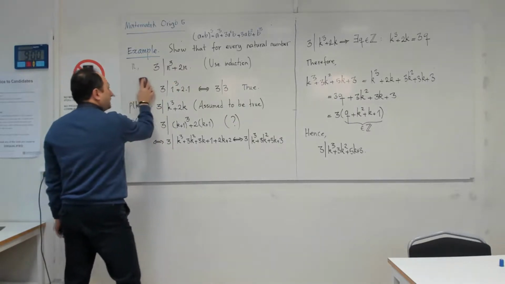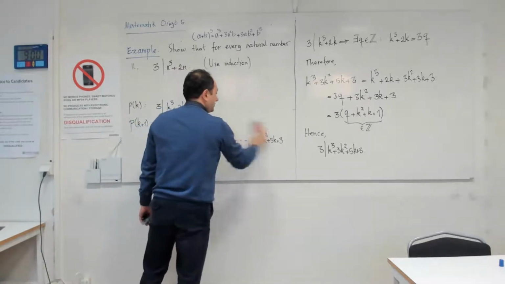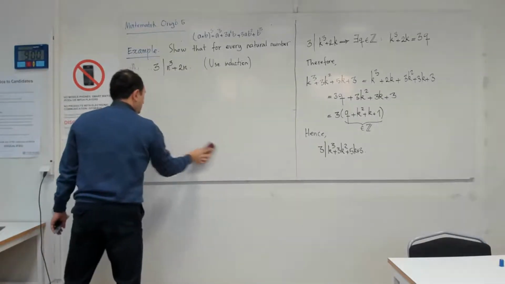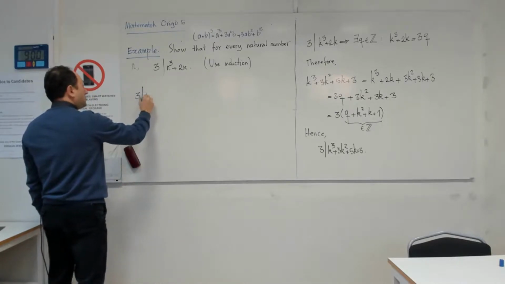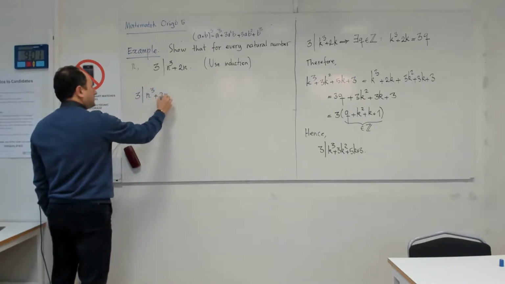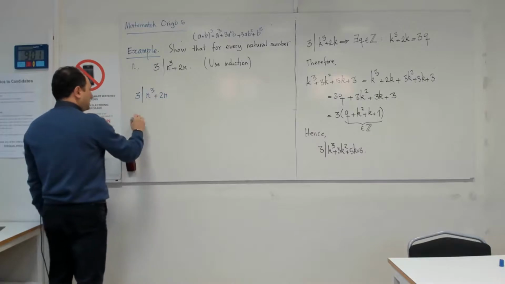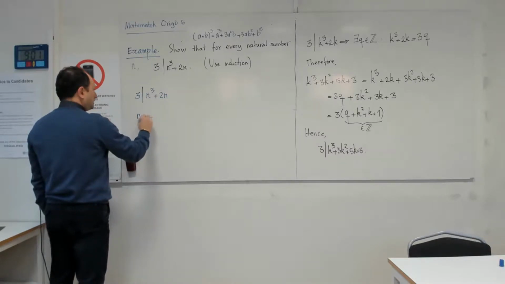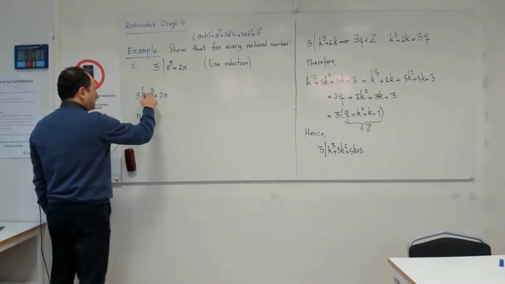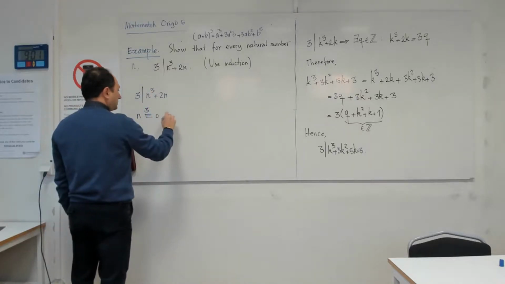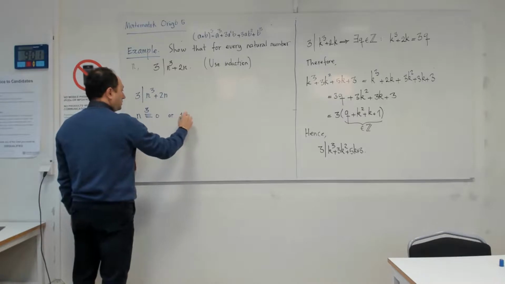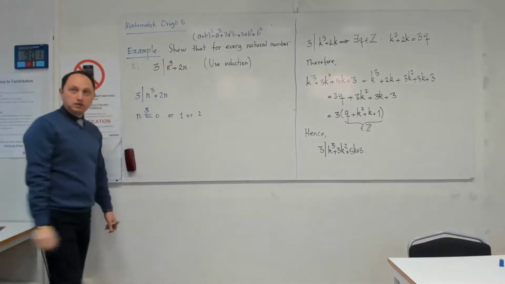Okay, so for refreshing your memory only, let me change my color. Assume that I want to show this using modular arithmetic. So do you agree with me that n in modulo 3 can be written as 0 or 1 or 2? Do you agree?